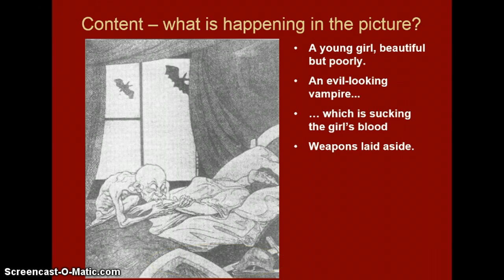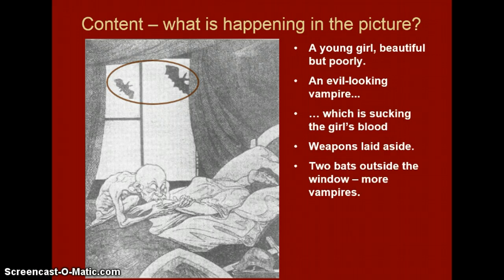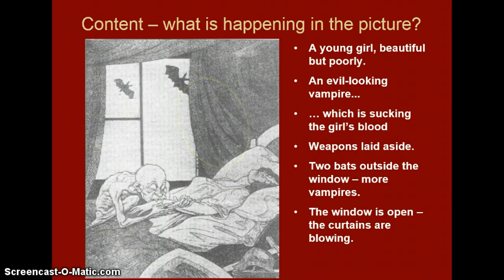We see weapons laid aside. We see two bats outside the window. Again, an example of symbolism, or these bats symbolizing more vampires. We also see that the window is open, but the curtains are blowing.